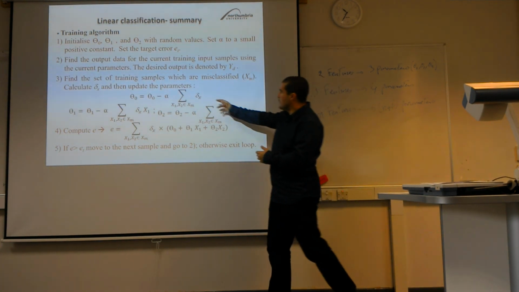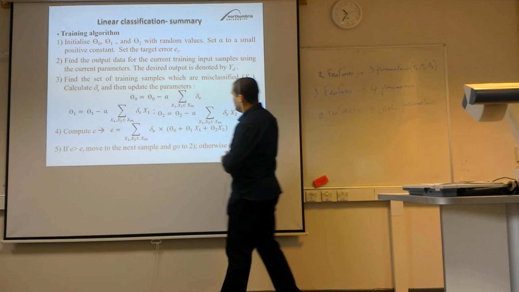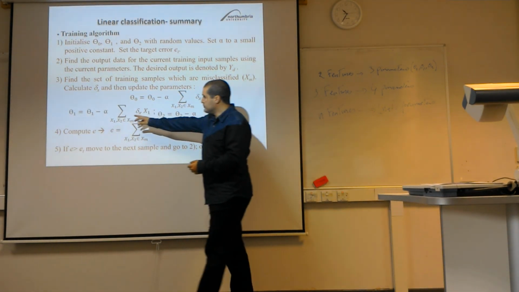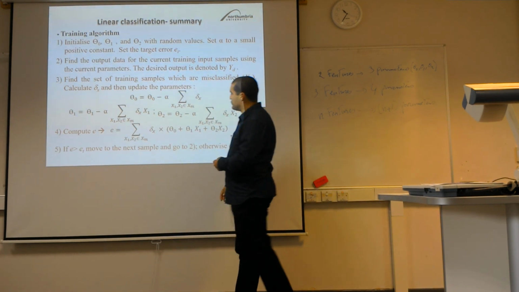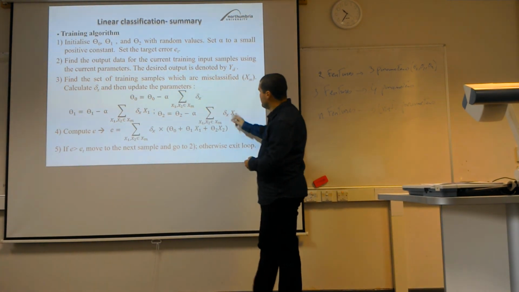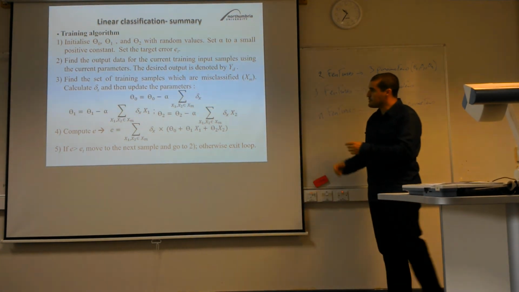So delta x is the key variable to update all these parameters. Obviously for theta 1 we use the first feature, for theta 2 we use the second feature, and so on, but with different samples.